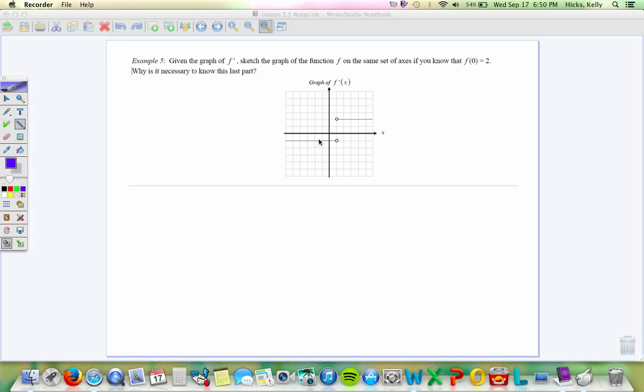All right, so what would the derivative value be through here? Well, as x goes from, I don't know, -6 or so, all the way up to positive 1, the derivative value is -1. That means the slope value is -1. So let's draw a line with a constant slope value of -1.